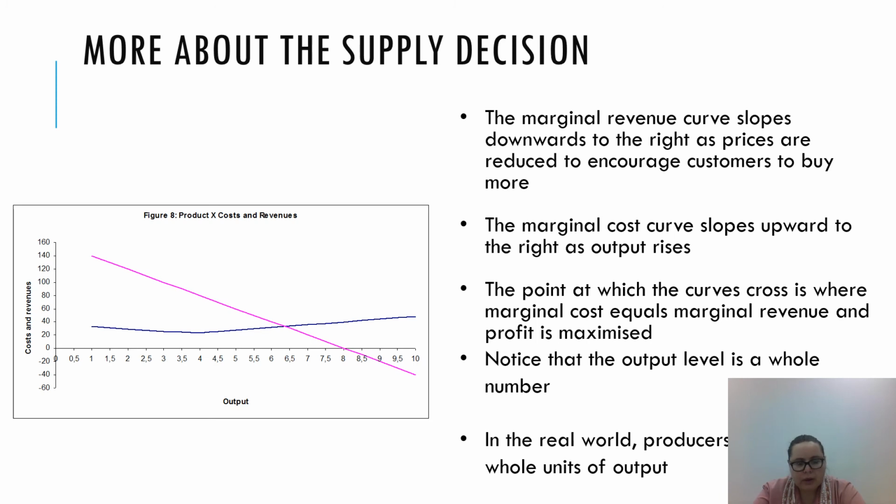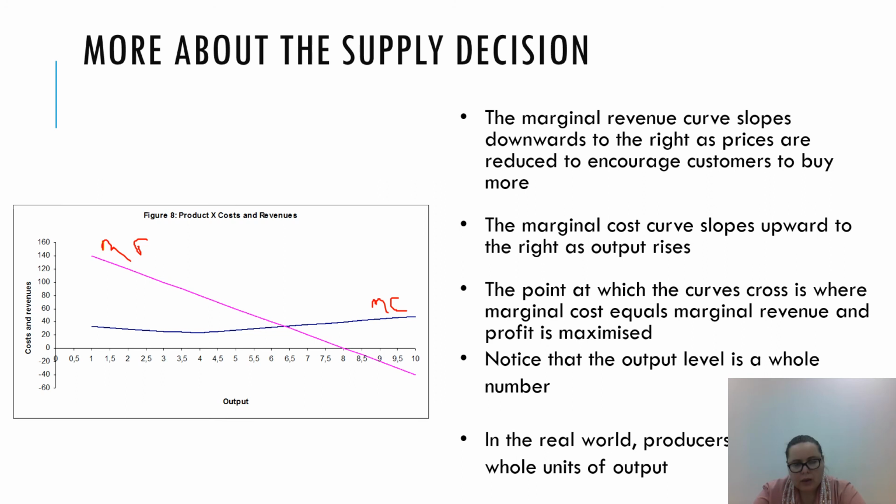So when we're talking about curves, same as in supply and demand, we have the curves. Basically, the marginal revenue curve will slope downwards. This is the marginal revenue, and this is the marginal cost.